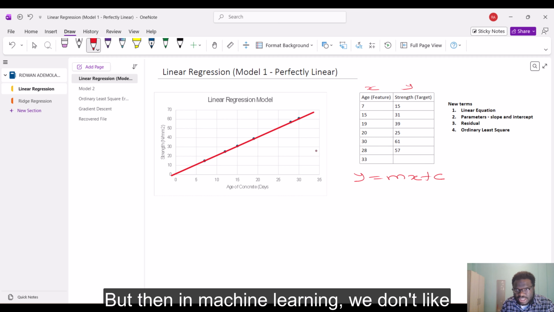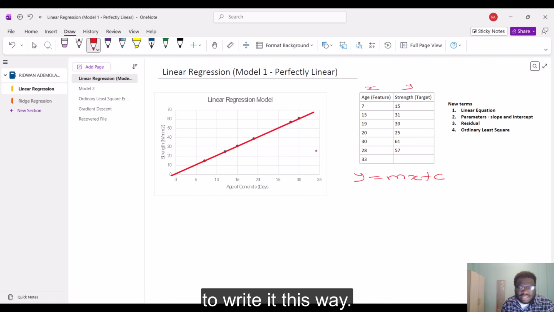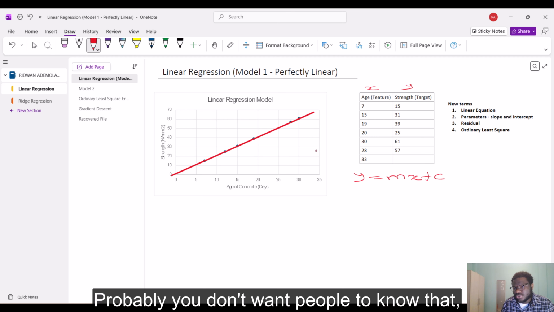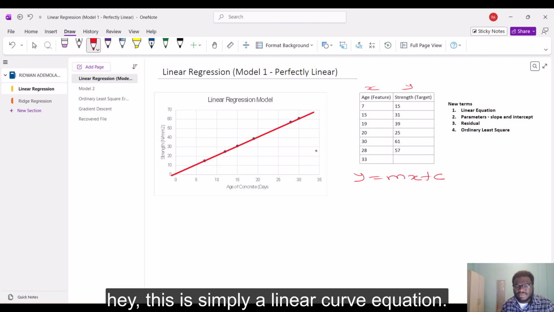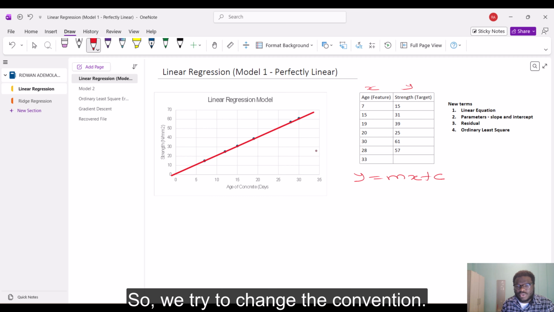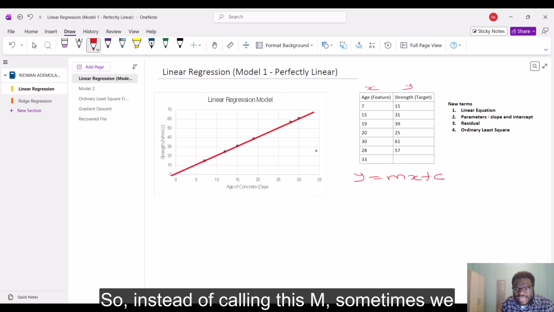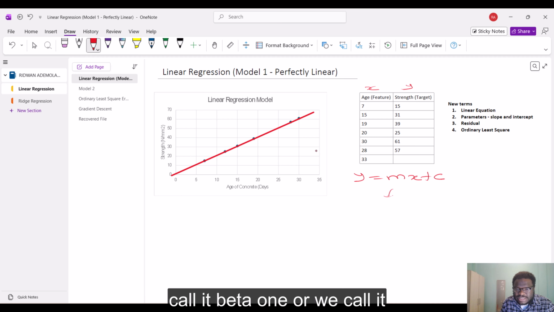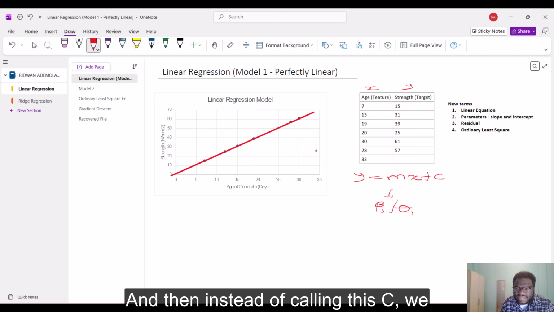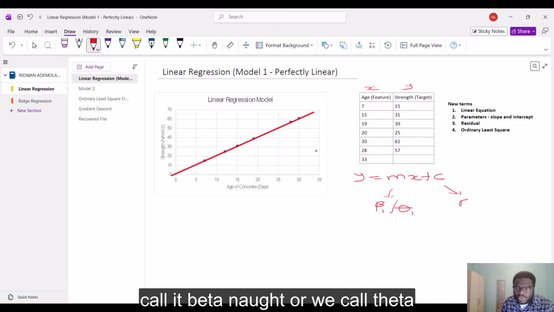But then in machine learning, we don't like to write it this way. Probably you don't want people to know that, hey, this is simply a linear curve equation. So we try to change the convention. So instead of calling this m, sometimes we call it beta 1, or we call it theta 1. And then instead of calling this c, we call it beta naught, or we call it theta naught.